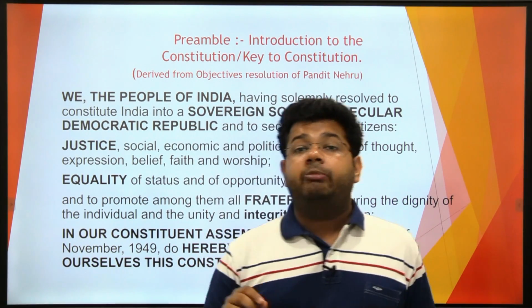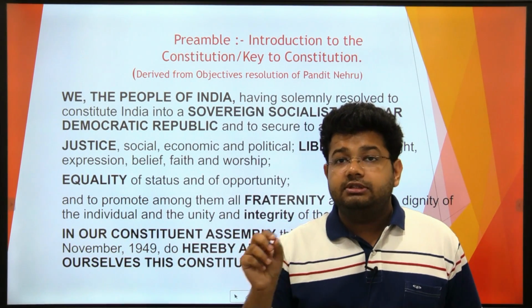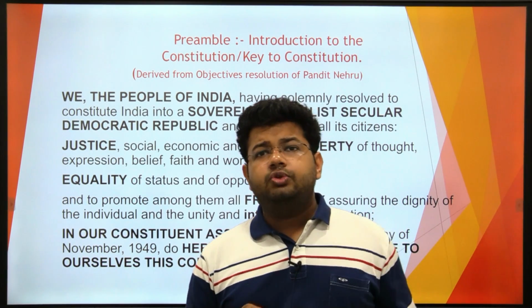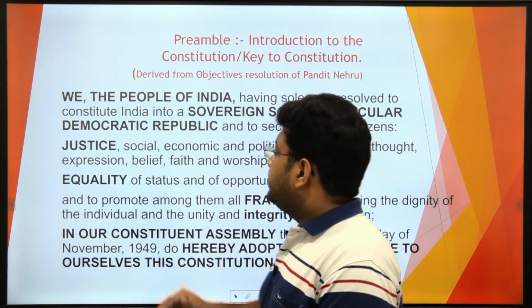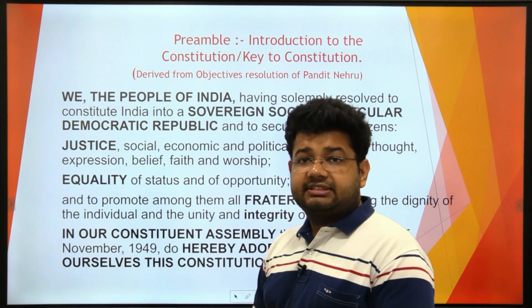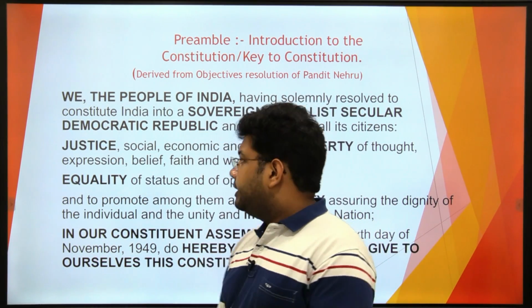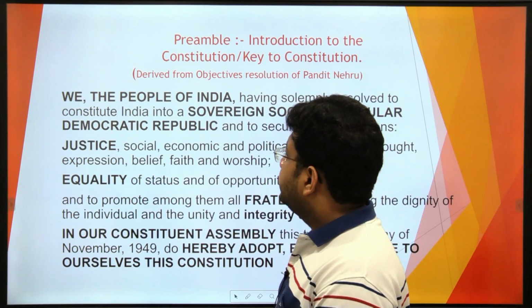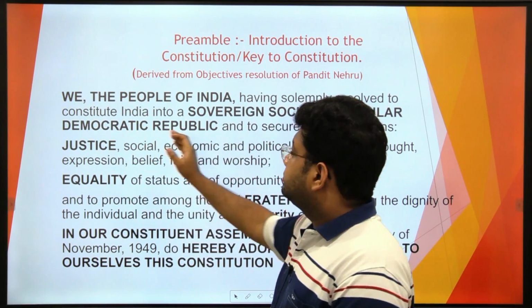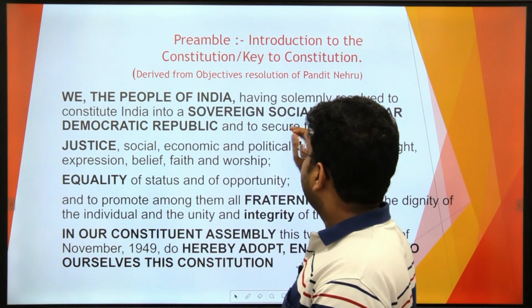Ad verbatim मतलब शब्द टू शब्द, वर्ड टू वर्ड हमें ये याद करना पड़ेगा। उसका कारण क्या है कि many a times direct questions are asked from the preamble. They can ask you, the preamble gives us justice of which 3 types? We have to tell them social, economic, political.